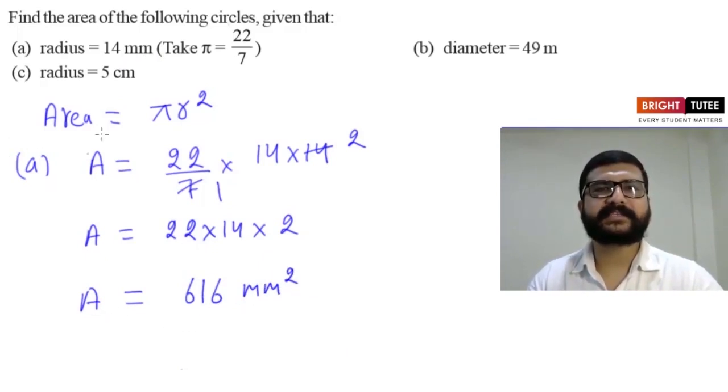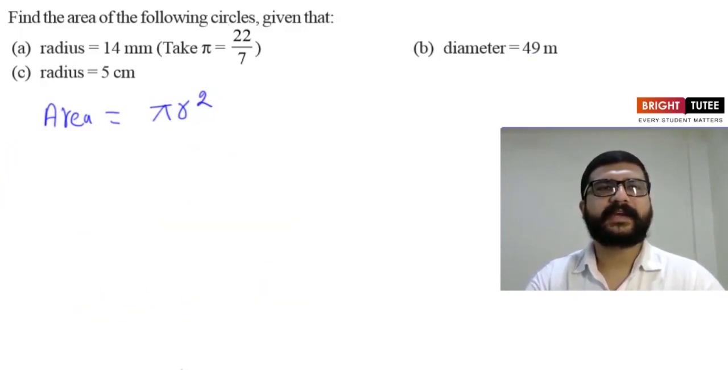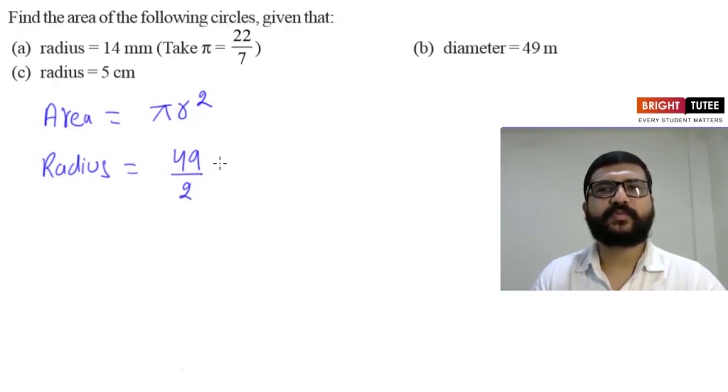Now let's see the next part of the question. Here diameter is given to us, and it is given as 49 meters. So let us find radius first. So radius of this circle will be equal to 49 upon 2, because we know radius is half of the diameter. So radius is 49 upon 2 meters. Now area will be equal to 22 upon 7 into r square.